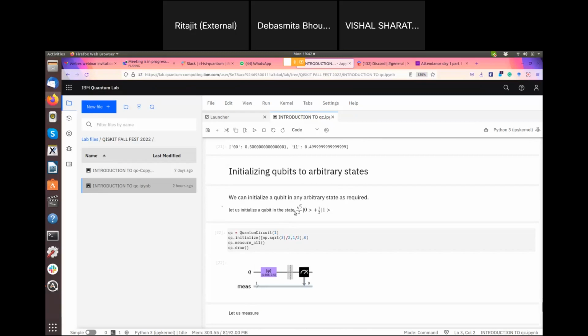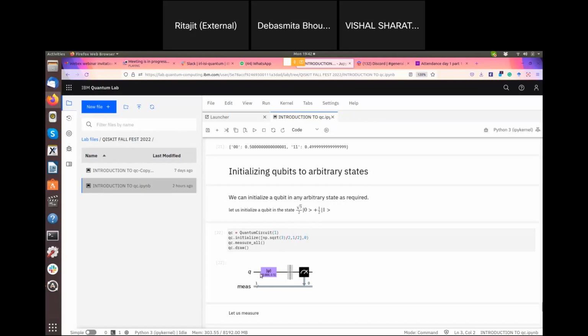So here you want the state root 3 by 2 |0> plus half |1>. So the probability of, sorry, 0 is the square of root 3 by 2. You just write this like this: np.sqrt(3)/2 and half. You write the coefficients. np is for numpy, dot square root. So basically we write here root 3 by 2 and half, and then qc.initialize.